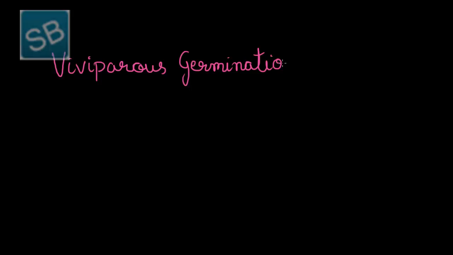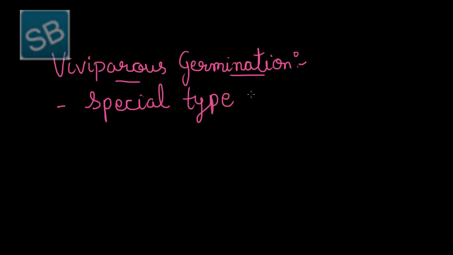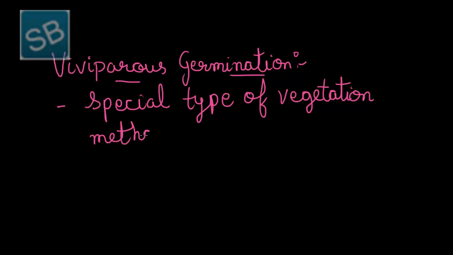Now let us start with a specialized method of germination known as viviparous germination. As discussed earlier, in the majority of plant species, the general germination method occurs for the development of a young sapling of the plant. But viviparous germination is a special type of germination which occurs only in a few species of plants.